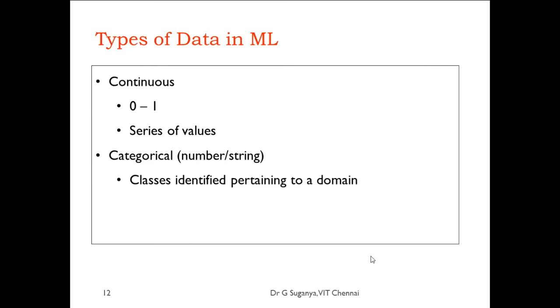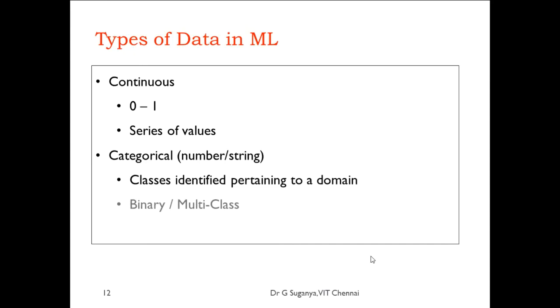Then how do we know the category? It depends on the classes that we identify pertaining to a domain. Let's say in the COVID-19 dataset, our output is whether the patient is affected with COVID or not. So what are the outputs we finally get? Yes or no. These are the two values, hence it falls into categorical data.